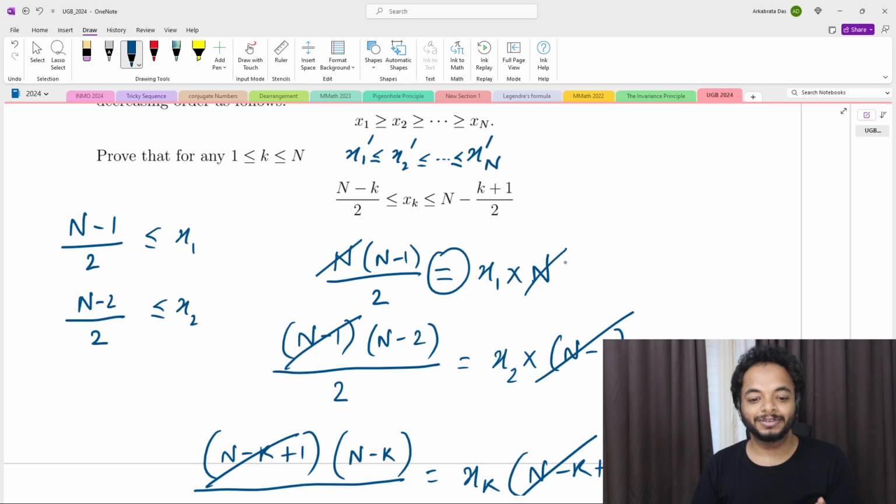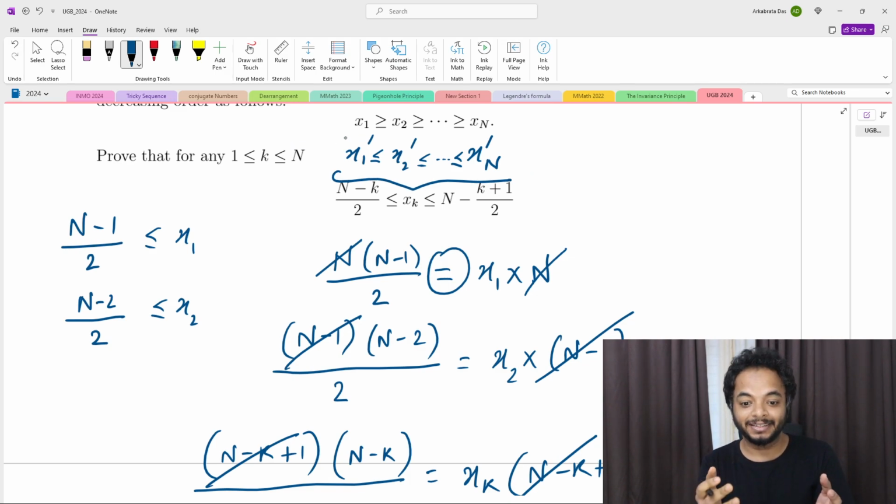This sequence is just the same as the original sequence, except it's the losses, whereas before it was the maximum wins.